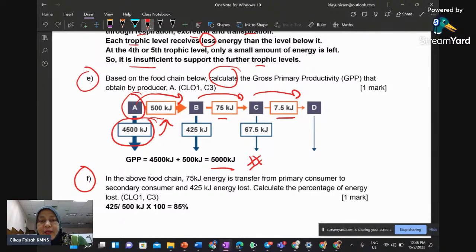In the above food chain, 75 kilojoule from the primary to the secondary consumer is transferred, and 425 kilojoule of energy was lost. So you see, the energy lost is more than the energy obtained in the trophic level. The question asks you to calculate the percentage of energy loss. So how much was lost?